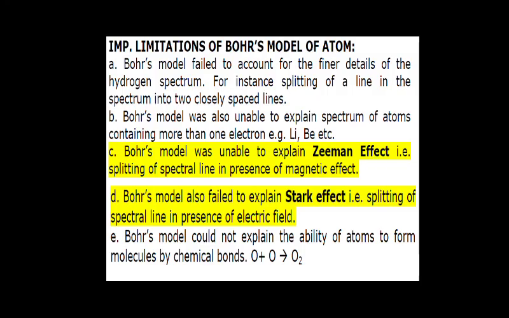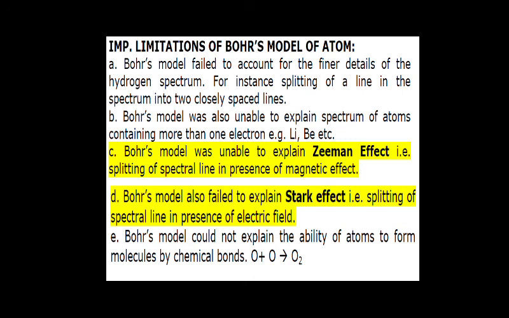Now let us come to today's topic, the limitations of the Bohr model of an atom. The very first limitation, or drawback, why the Bohr model failed: it failed to explain the finer details of the hydrogen spectrum. I hope you remember the hydrogen spectrum gave rise to the Lyman series, Balmer series, Paschen, Brackett and Pfund.